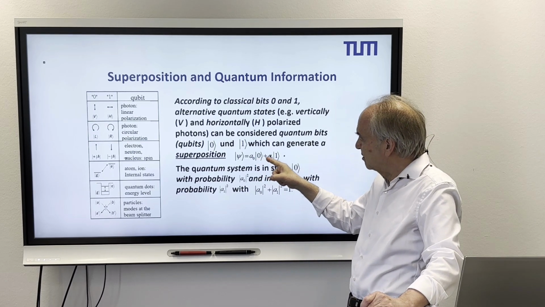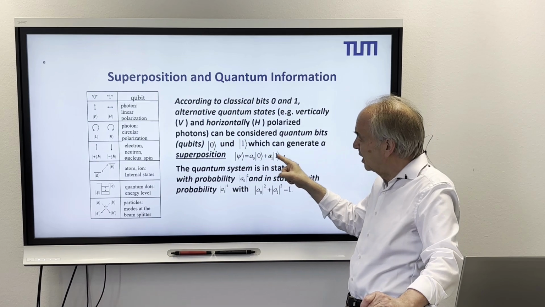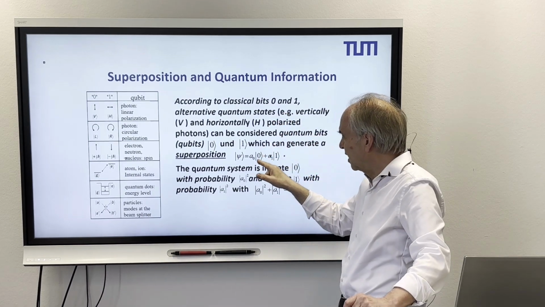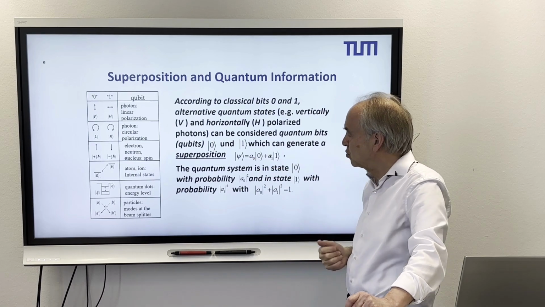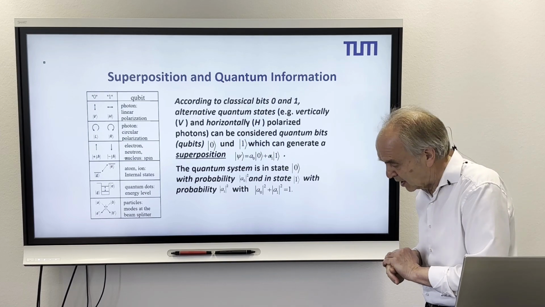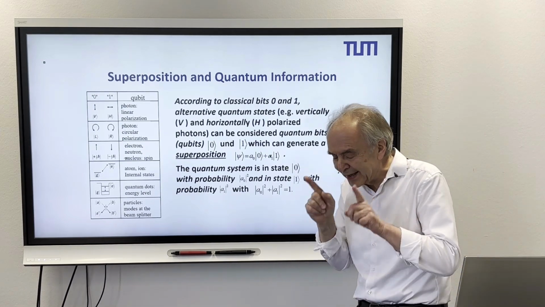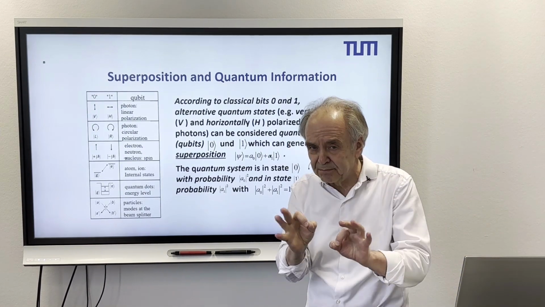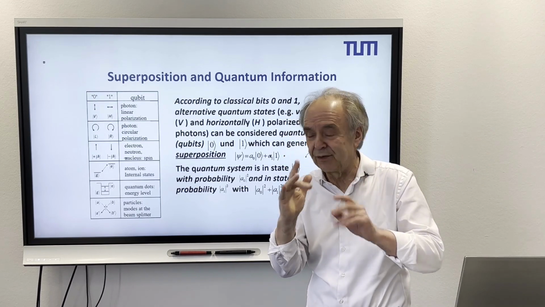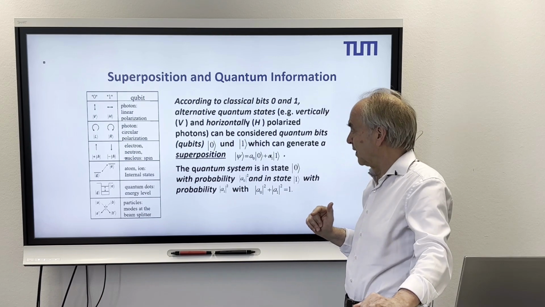And that is represented here with relation to these two coordinates, 0 and 1, with these two components, A0 and A1.